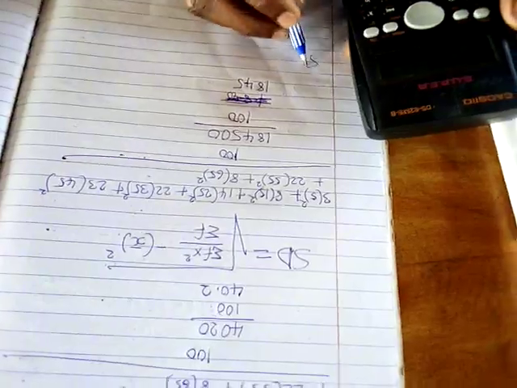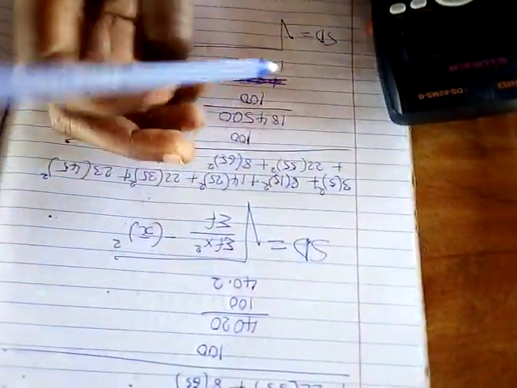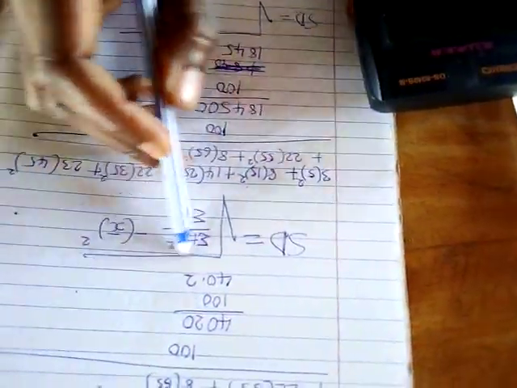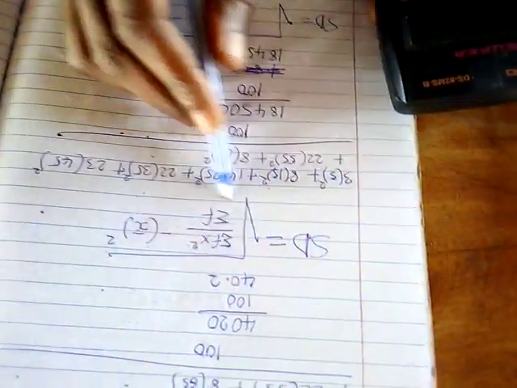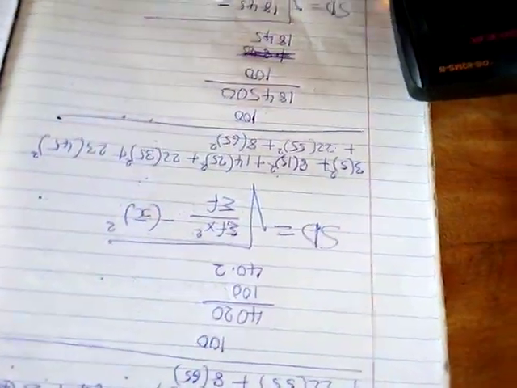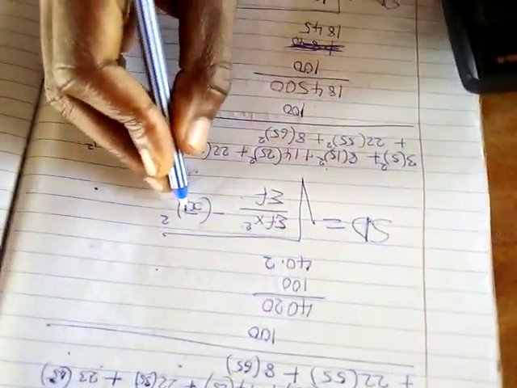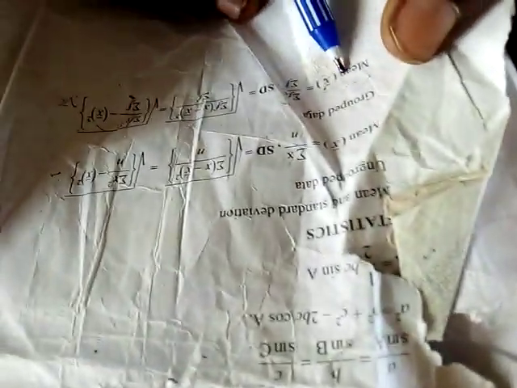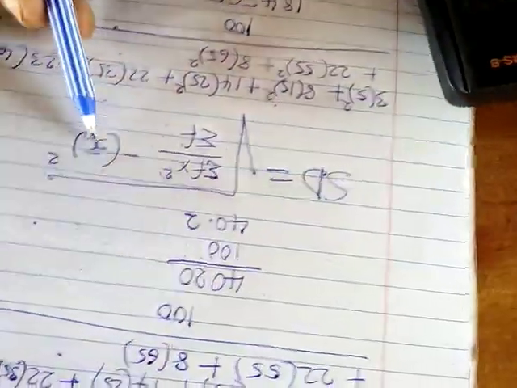So the standard deviation is equal to root. This part has already been found, it is 1845, minus the mean. This is the symbol for mean, x bar. The mean has already been found.